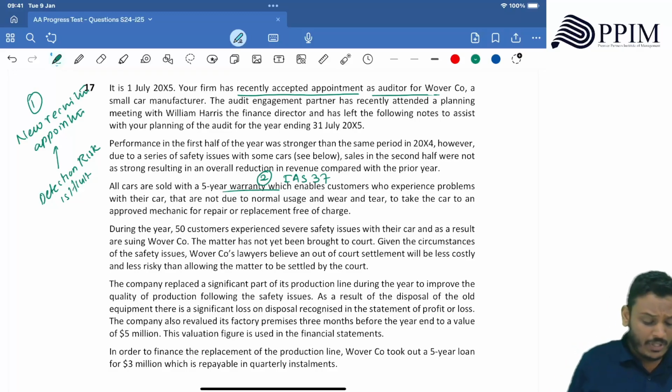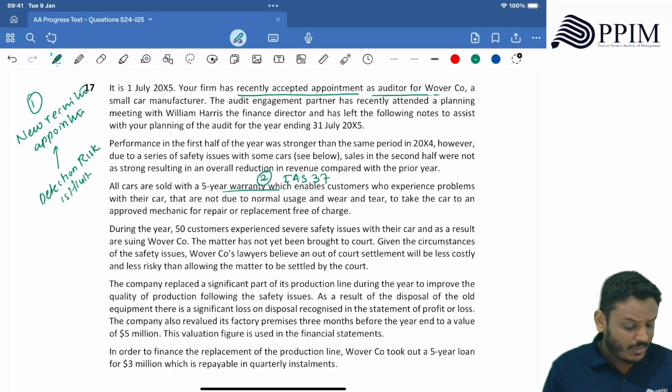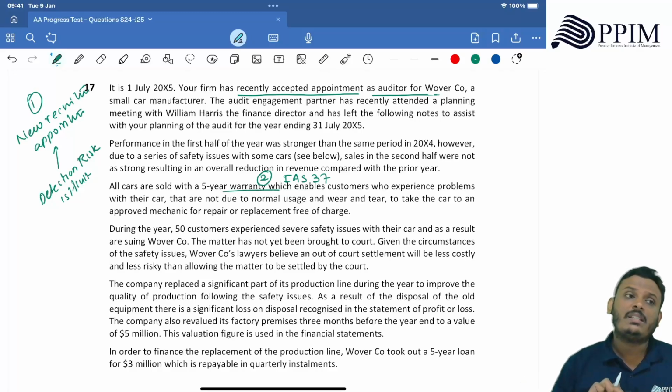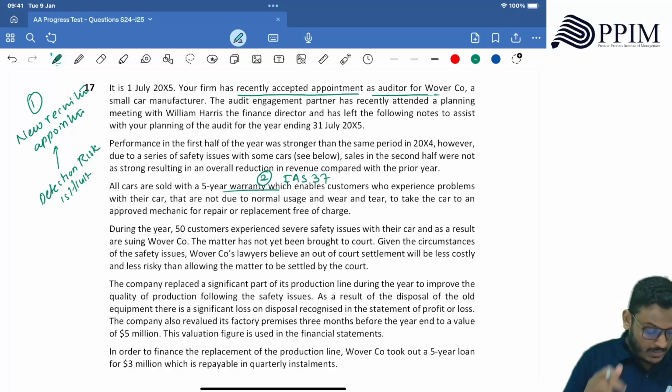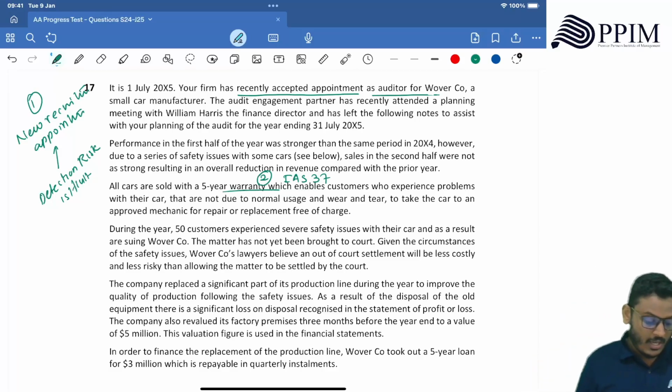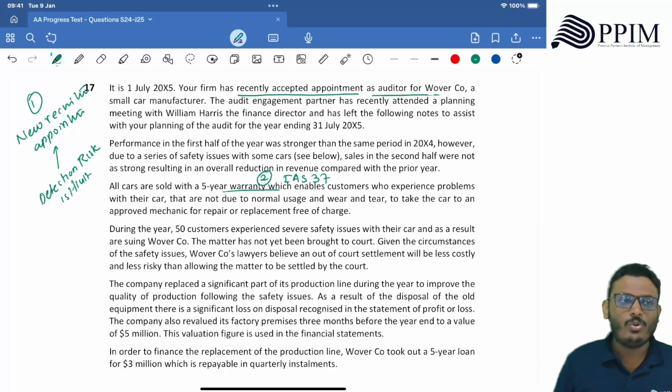If you do not do that, obviously understatement or overstatement of the provision is possible. So what you should do is see whether the provision recognized in the financial statements is sufficient or not. For that, we can compare the provision to a mixture of forecasts, post year-end, and the claims received in the following year.